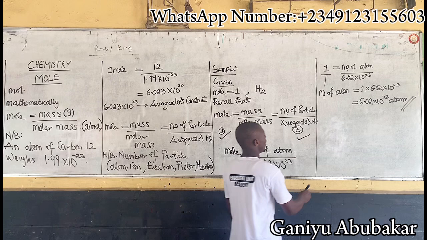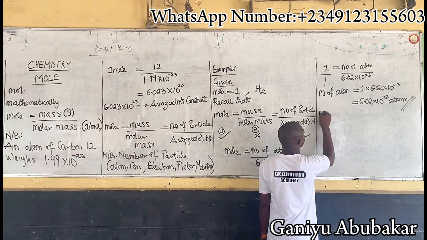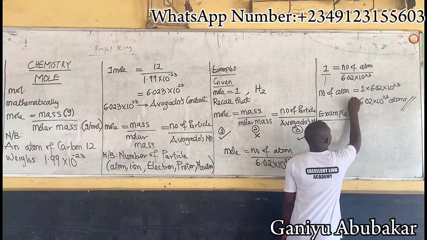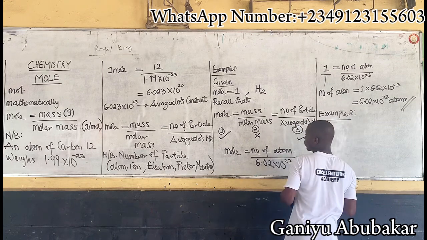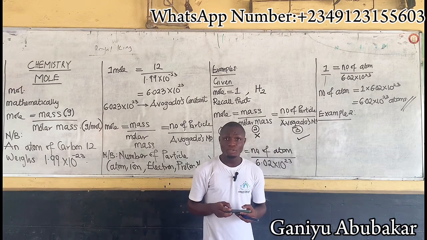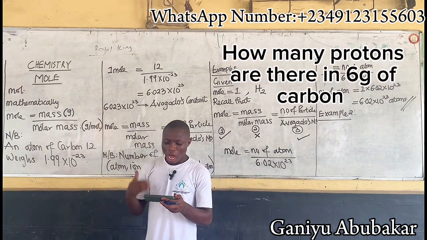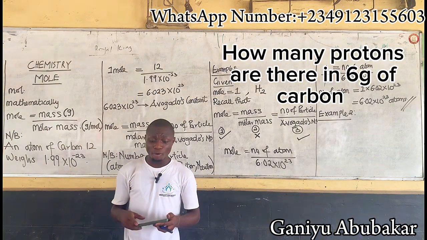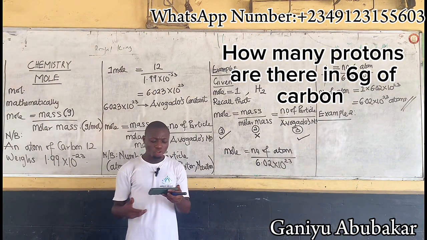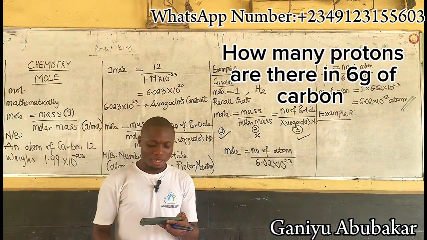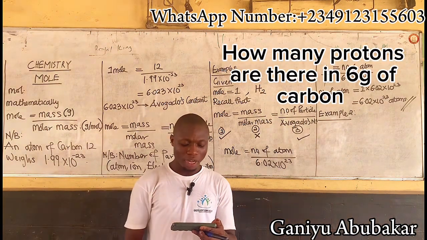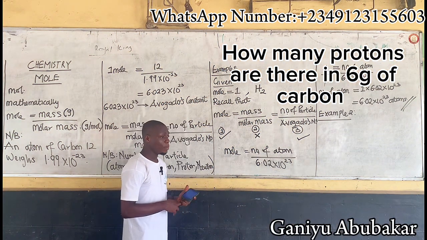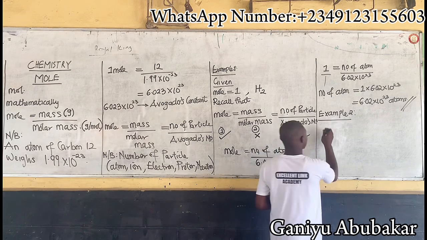Let's do example 2 under the concept of mole. Example 2 says: how many protons are there in 6 grams of carbon? All right, let's get this done, please. First, we said write out your givens.